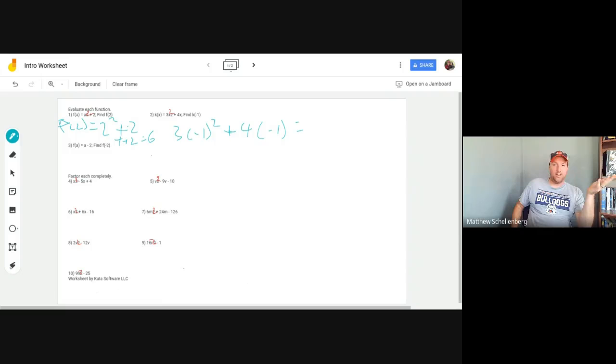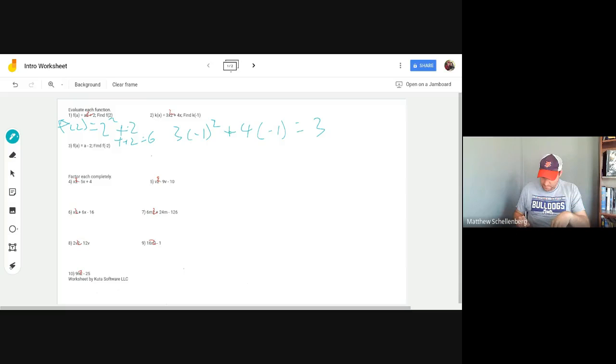Negative 1 squared, negative 1 times negative 1 is positive 1 because negative times a negative is positive. So I have 3 times 1, which is just 3. And 4 times negative 1 just makes the 4 negative, so we have negative 4, so that's minus 4. And 3 minus 4 equals negative 1.